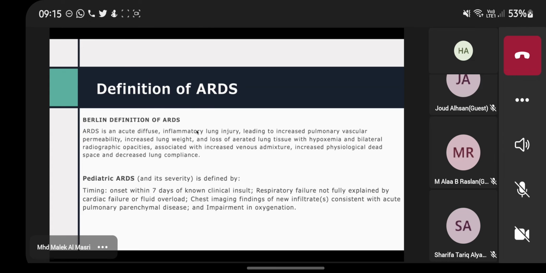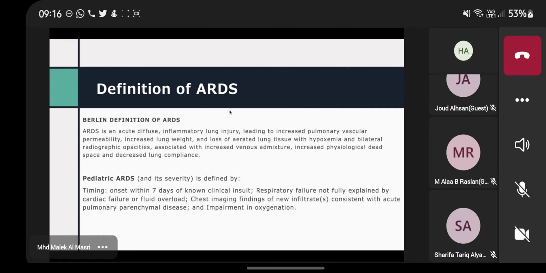The adult definition is an acute diffuse inflammatory lung injury, which leads to increased pulmonary vascular permeability, extra lung weight, and loss of aeration of the lung tissue, with hypoxemia and bilateral radiographic opacities. You're also going to have increased physiological dead space and decreased lung compliance.